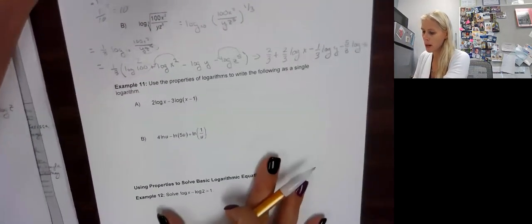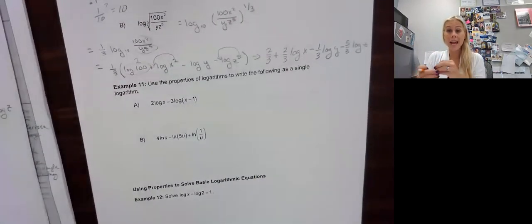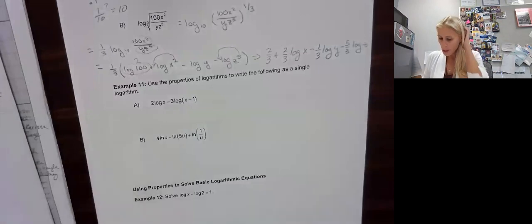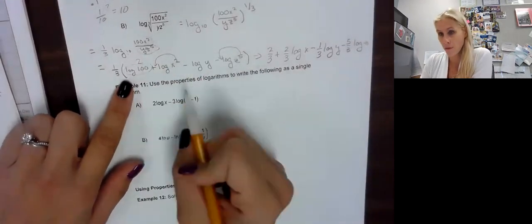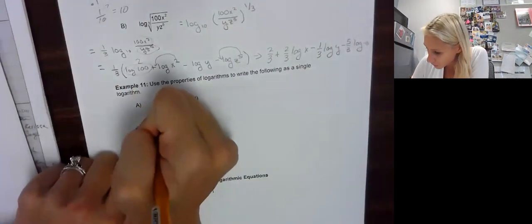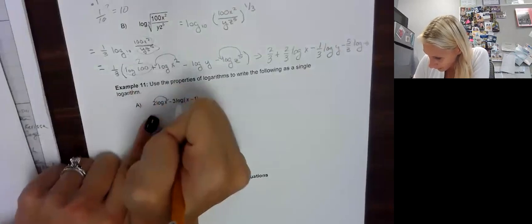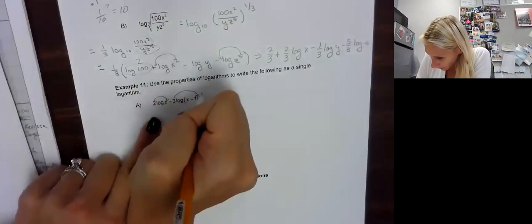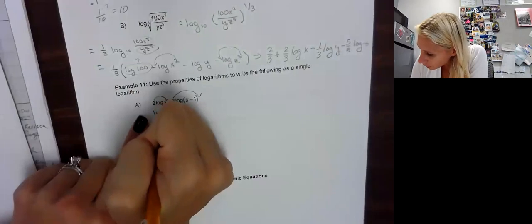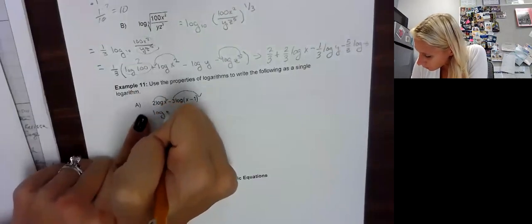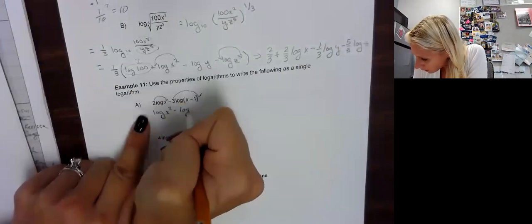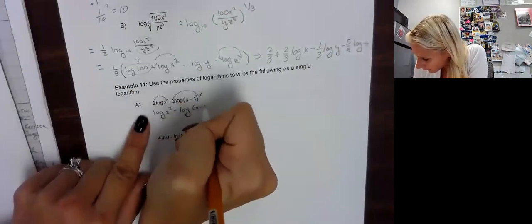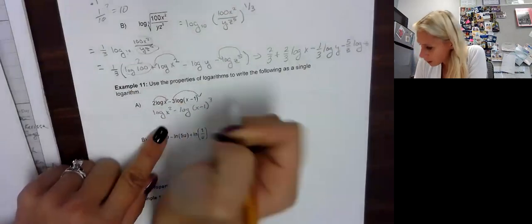Now we're going to use the properties to condense. So we're going to make one logarithm or one ln, okay? So the first thing, remember the last thing we did was put the exponent out front. So then the first thing you're going to do is move that exponent back. So we get log x squared minus log x minus 1 cubed.